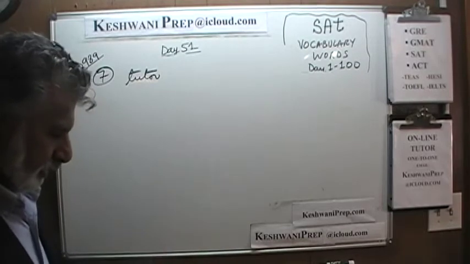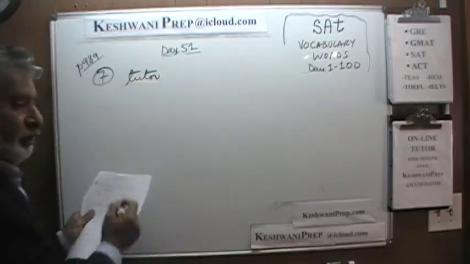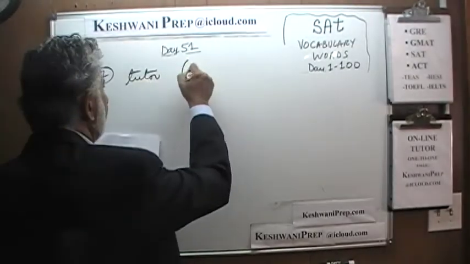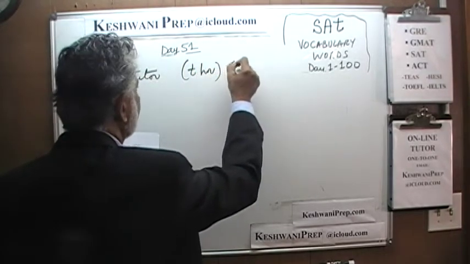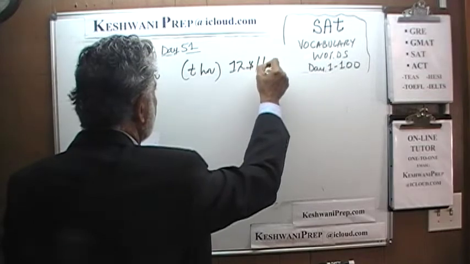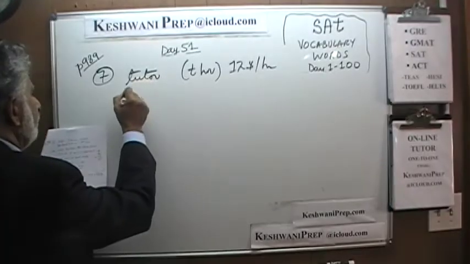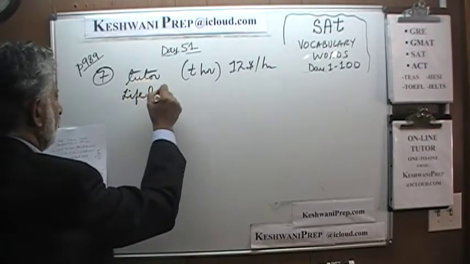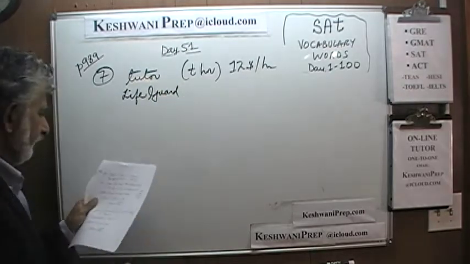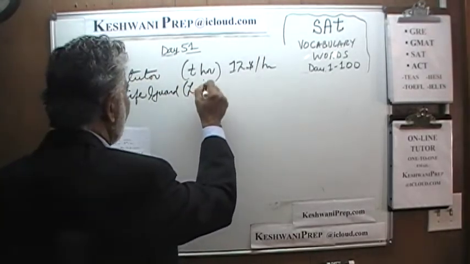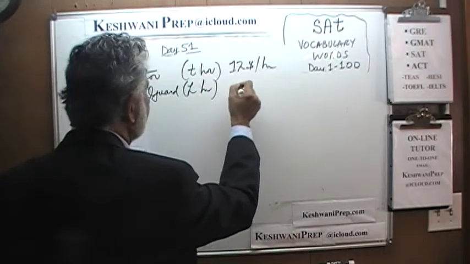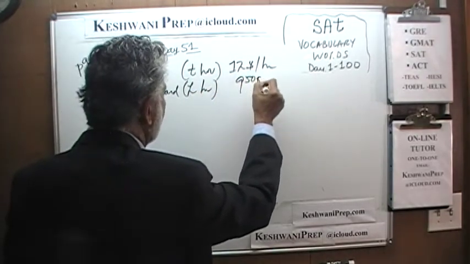Anyway, this Jackie person, she tutors. Let's pretend that she tutors T hours, for which she gets $12 per hour, and she also does a job as being a lifeguard. Let's pretend that she works L hours there, for which she gets $9.50 an hour.